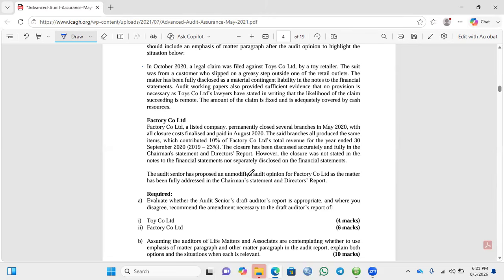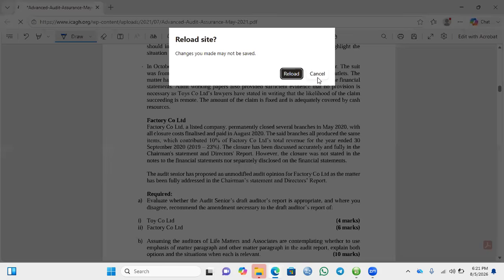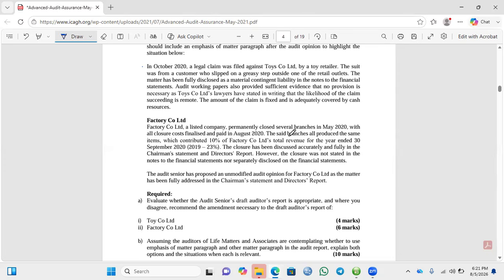Questions like this, they have to pray that he'll use his own marking scheme. What if he follows this marking scheme here? Because for me, if I'm answering for the Toys Co, I'll say that what the senior auditor said was correct, because the event that happened was properly catered for, so it doesn't create any misstatement in the financial statement.